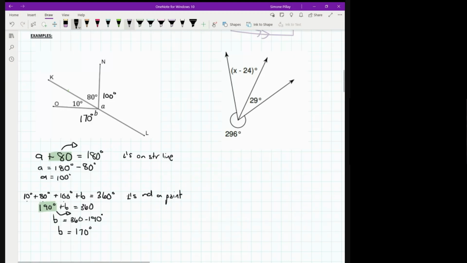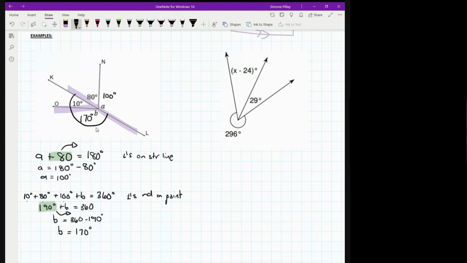The other way we could have done it is I could have said, wait, this over here, and let me use a highlighter. This over here also makes a Y, which means that this angle plus this angle is going to equal 180.